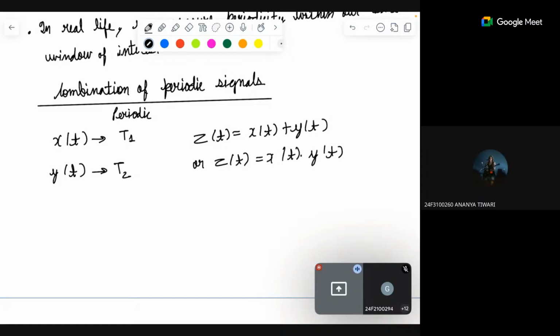In both these cases, this sum or this product will be periodic if T1 by T2 is rational. If it is irrational, then this sum or product is not periodic. And if it is rational, it is periodic, and the period will be the LCM of T1 and T2. If I have 5 signals, then all of their ratios should be rational, and then the period will be the LCM of all of them.